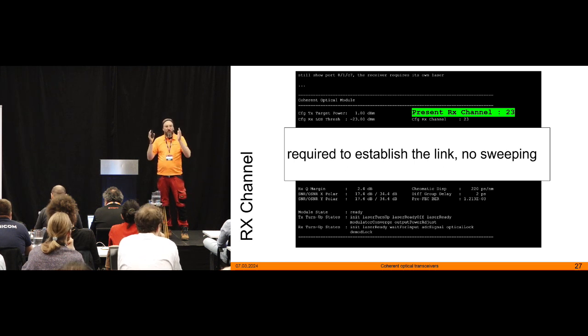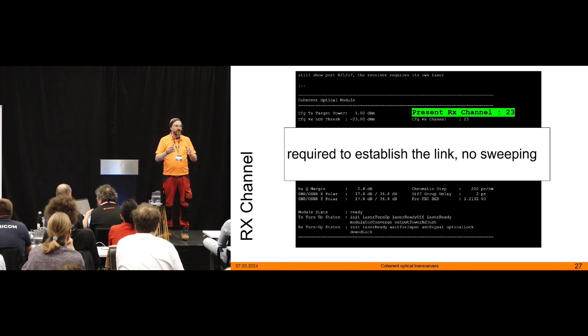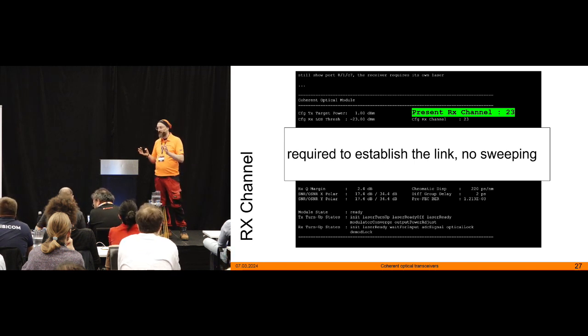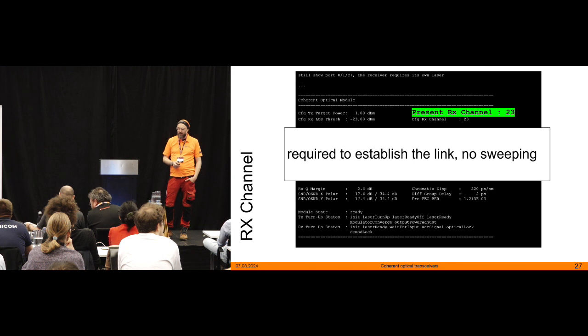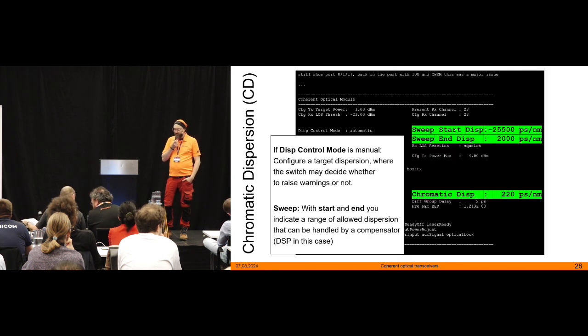Now you have also locked the RX channel, or the RX side, to that channel as well, so that the local oscillator inside of the transceiver is getting that frequency and knows how to interpret the signal. There is no detection or sweeping, so we can't detect the channel. So you really need to lock the RX channel to the transmitting channel, or match it to the transmitting channel, from the counterpart interface.